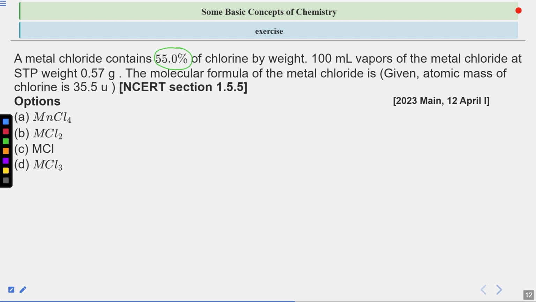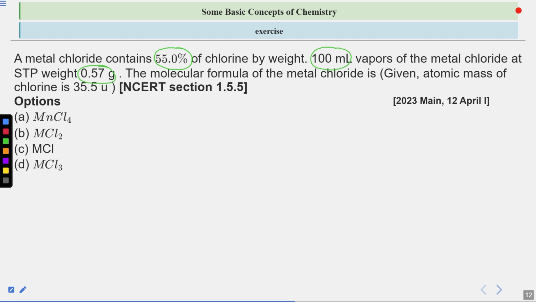We have already learned about weight by weight concentration and we know how to calculate it. The second thing written is that if we take 100 ml vapor of the metal chloride, its weight comes out to be 0.57 grams.